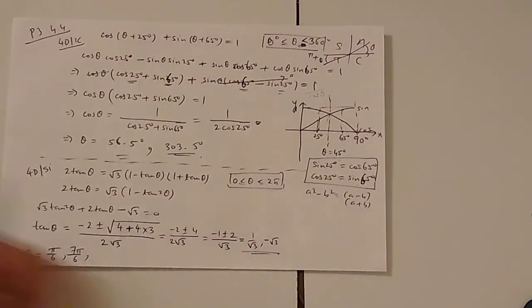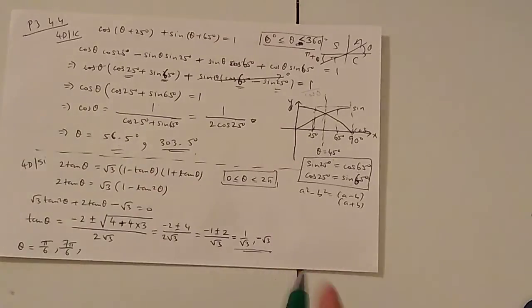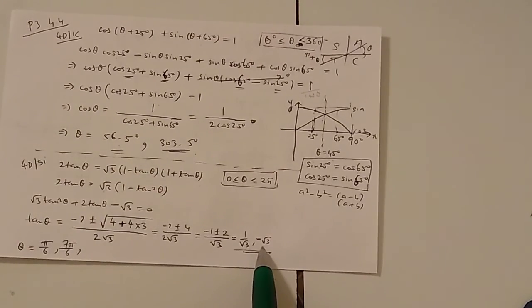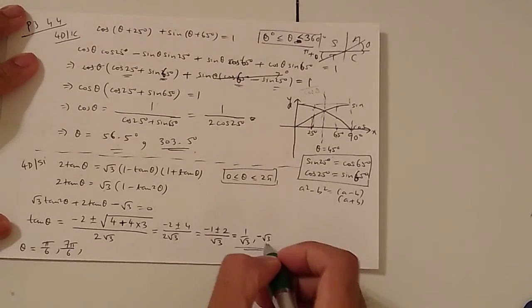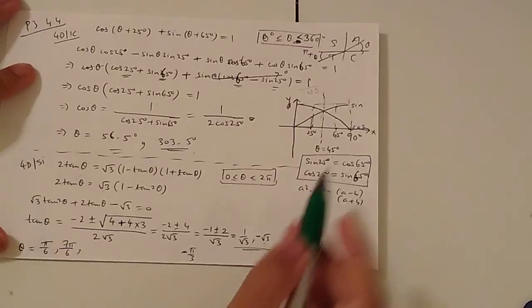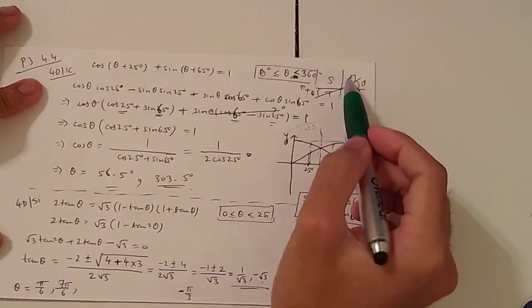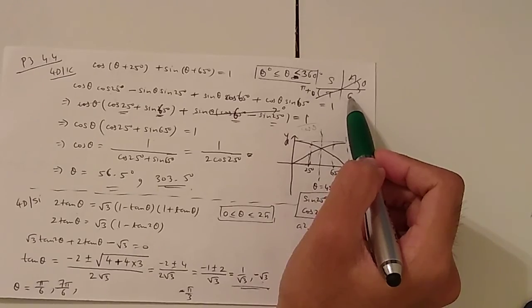Okay, for minus root 3, first of all, let's talk about positive root 3. Positive root 3, we are going to have 60 degrees, or pi by 3. We have minus root 3, that is going to be minus pi by 3. Okay, so for minus root 3, we'll get minus pi by 3, because of the odd property of the tangent function.